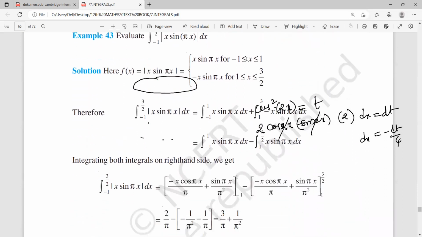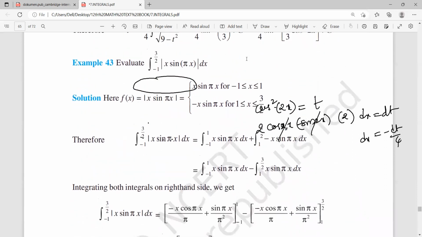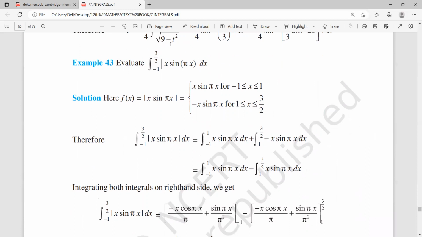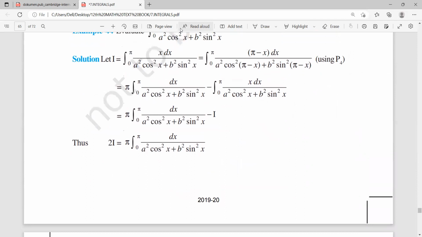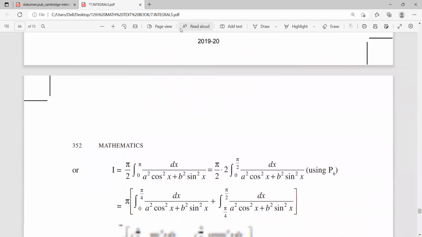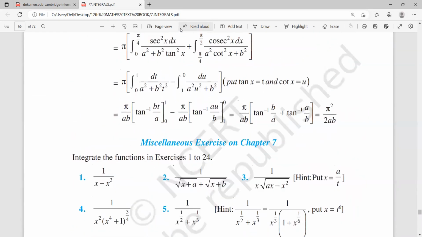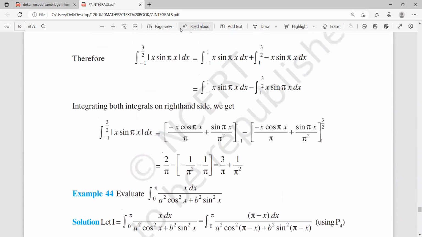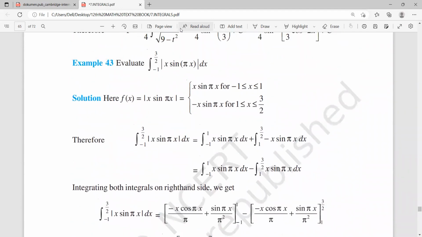This is very, very important. Question 43. I told you to do this now. Why did you not do it? I only did the exercise, not the examples. 43 and then 44, the last question. 44 is last. 43 and 44 are both very, very important.